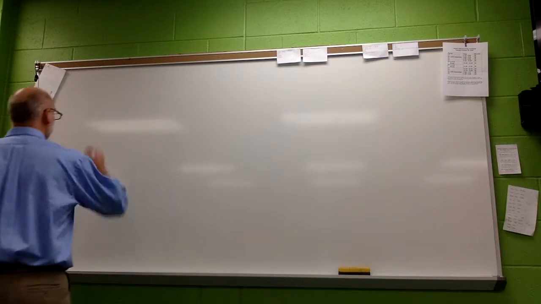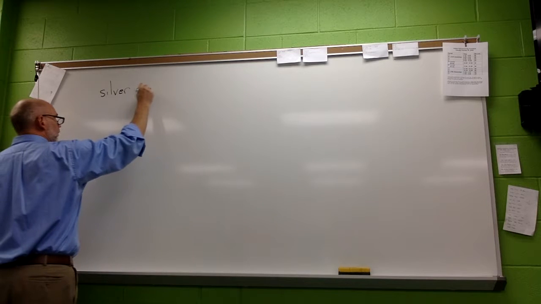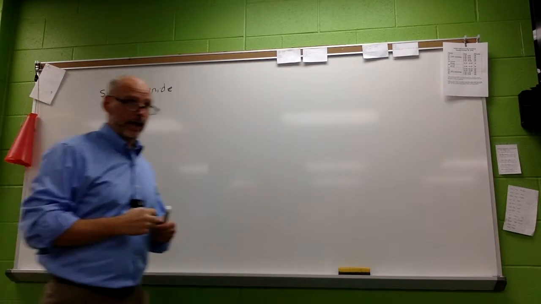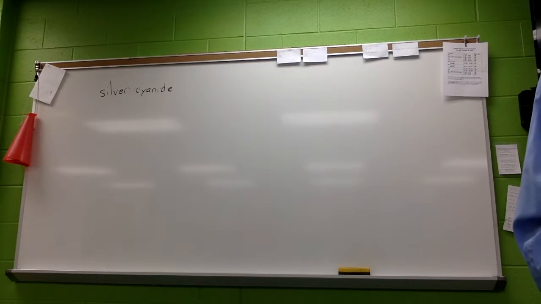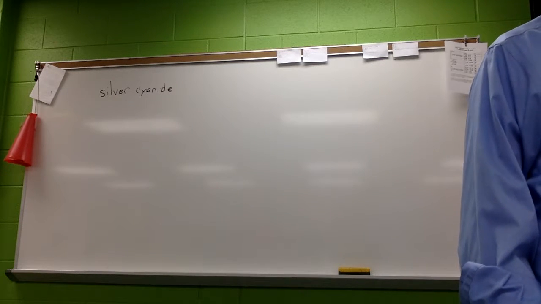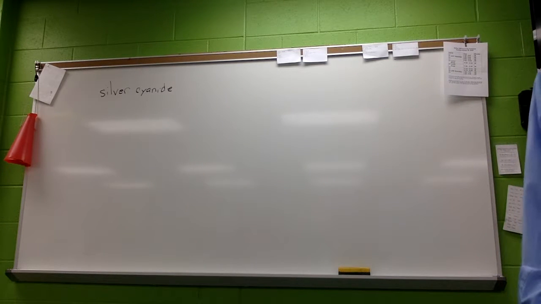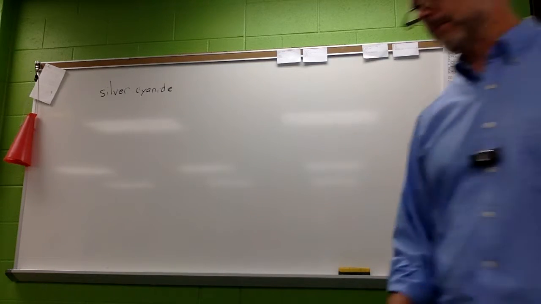First one, silver cyanide. Okay? Well, is this an ionic compound? Everybody's going to say, well, yeah, duh, that's what we're studying. But how would you know? What's the piece of evidence? Silver. Silver's a metal. Ionic compound.